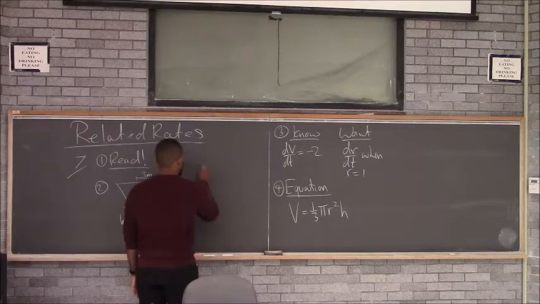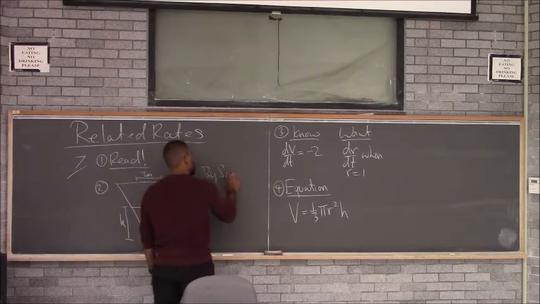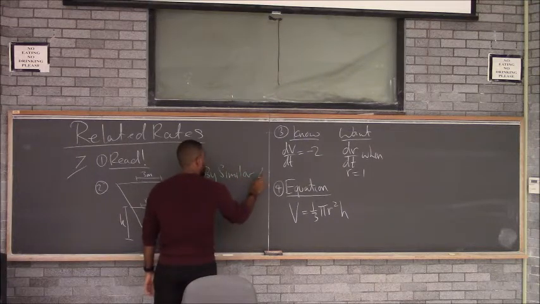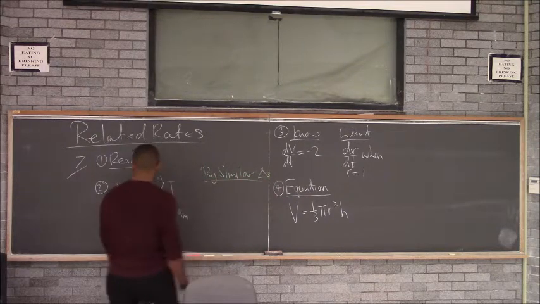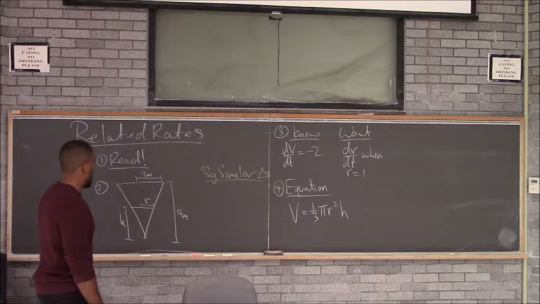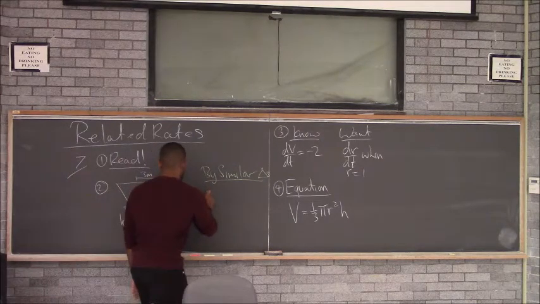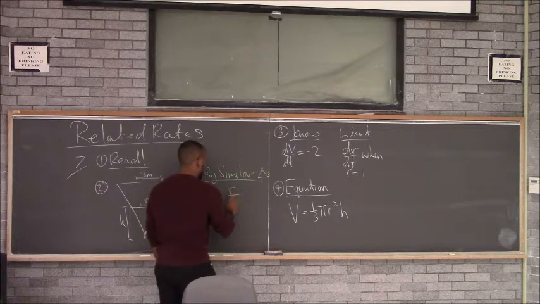What does similar triangles tell us? The radius divided by the height of the first triangle is equal to the radius divided by the height of the second triangle. Radius over height of the big triangle is equal to the radius over height of the small triangle.